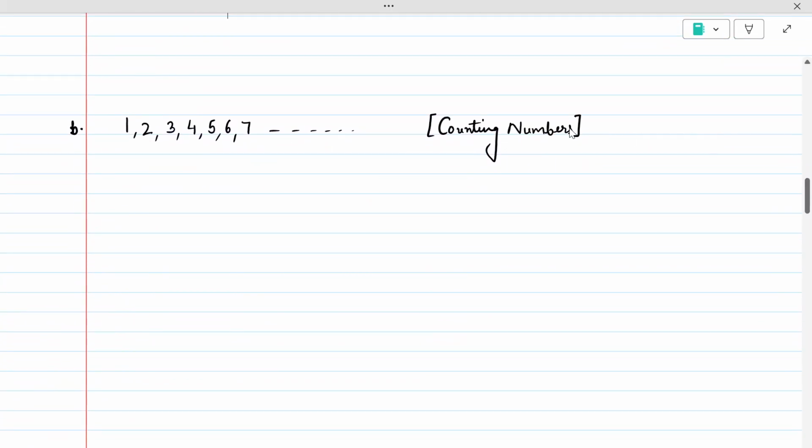Next, let us move to the next one, which is called counting numbers. So kids, these counting numbers are also called natural numbers. They start with 1, 2, 3, 4 and go till infinity. Now, let us try to identify the numbers at different positions here. This is the first position. At the first position, we have 1.